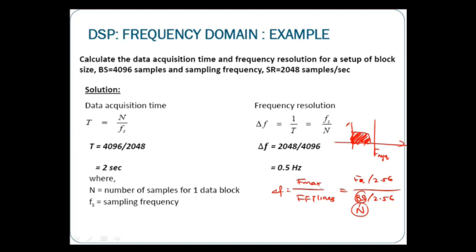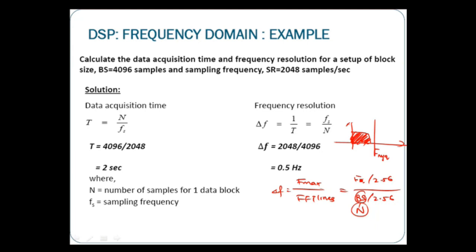All right. So remember how the fast Fourier transform is processed. You have to collect a number of samples in blocks, and only then can it process. That is how it works.